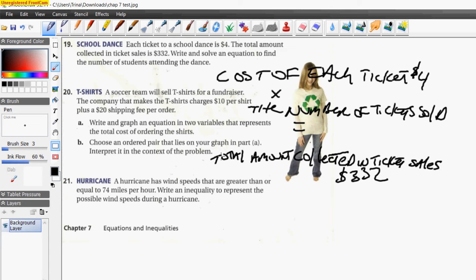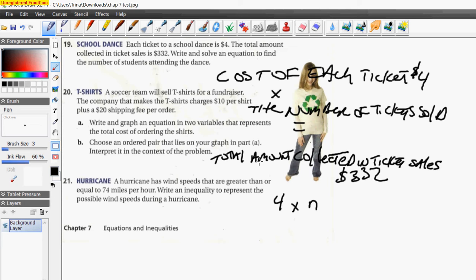Okay? I'm going to write it out for you. It's going to be 4, which represents what? It represents the ticket sales, or the amount of how much each ticket sells. Okay? We're going to say times, 4 times, and I'm going to use the variable n. We talked about variables in this chapter.